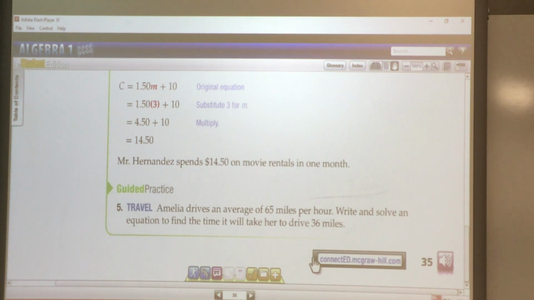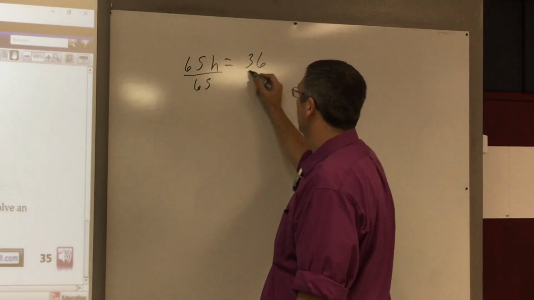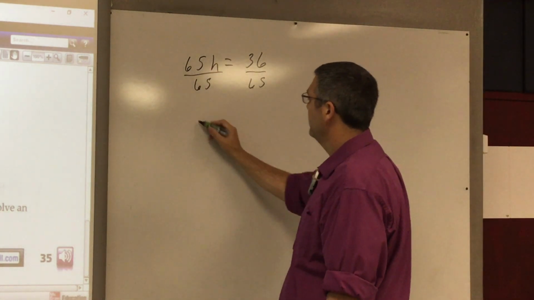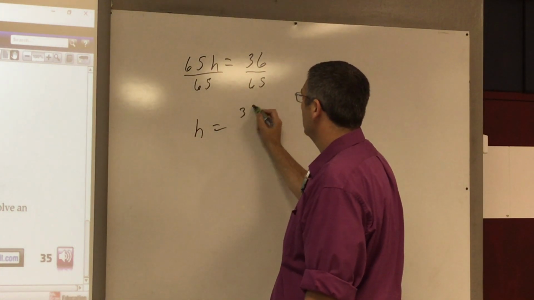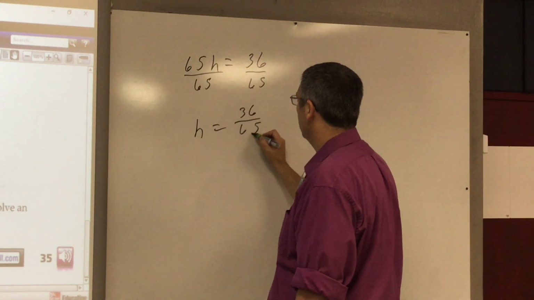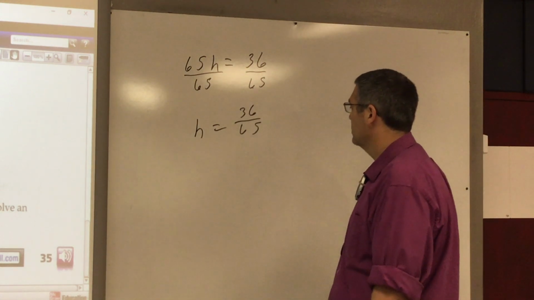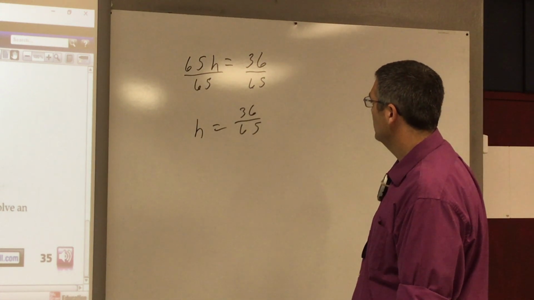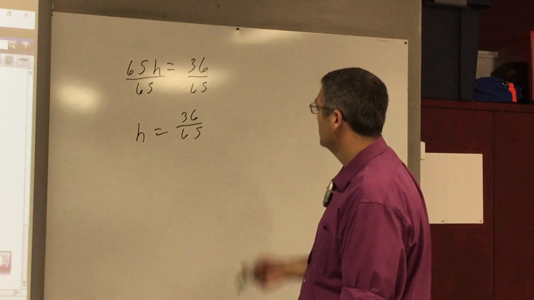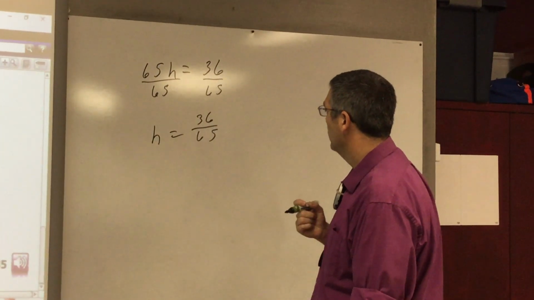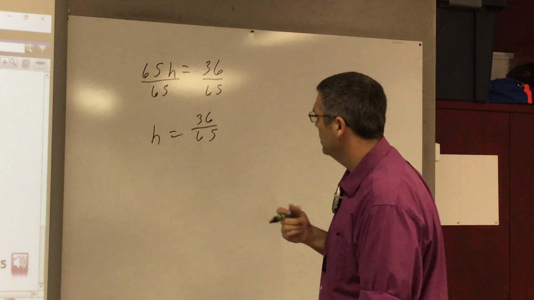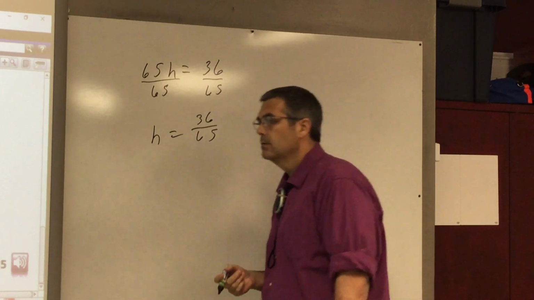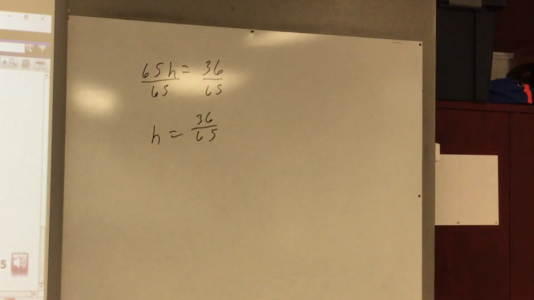Now how many hours did it take her to get there? Well, you solve for h. Divide by 65, divide by 65, h equals 36 over 65, and I'm sure that probably, I don't think that does reduce. No, 36 over 65. I got a calculator over here, let's do it the easy way.